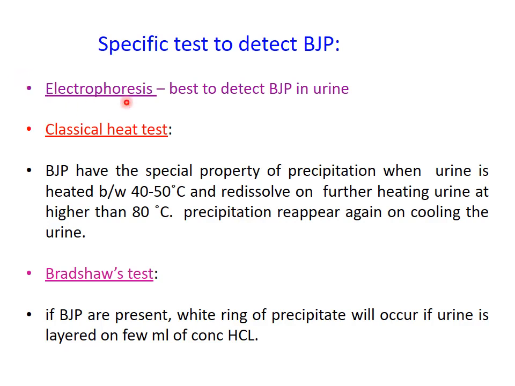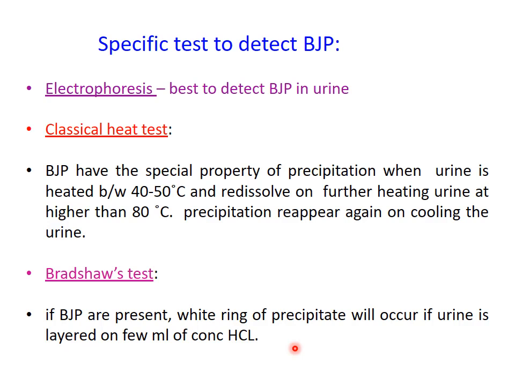Next test is obviously electrophoresis, which is very important for any type of monoclonal gammopathy. And another confirmatory test is called the Bradshaw test. Here, a white ring of precipitate will occur if the urine is layered on a few ml of concentrated HCl or HNO3 also.